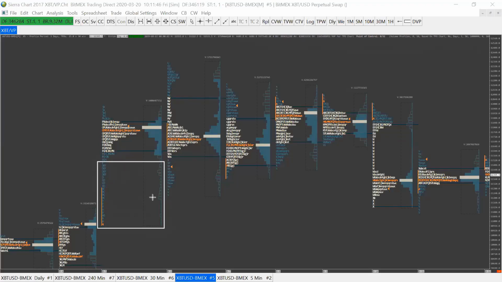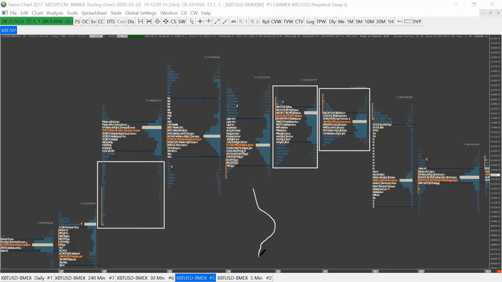And in contrast, areas of balance or consolidation are obviously going to be characterized by an overall resemblance to a normal distribution, something more like this or this day here, in which the volume is usually greater in the middle of the range, in the middle of the day, and would taper off towards the highs and lows.